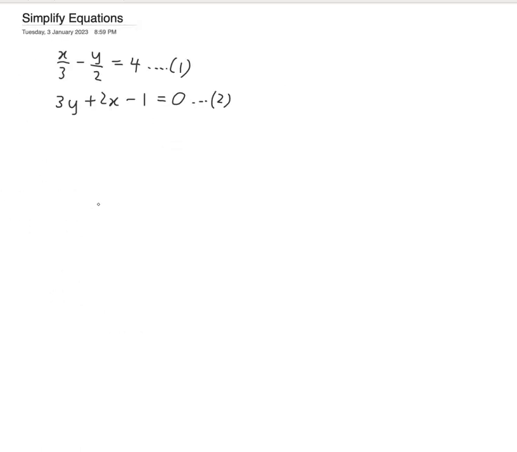In the last example, we see that the equations can get very complicated. Like in this case here, the first equation is a fractional equation. So we need to simplify the equations before we can solve it. So in the first equation, we multiply throughout by the LCM, which is 6.